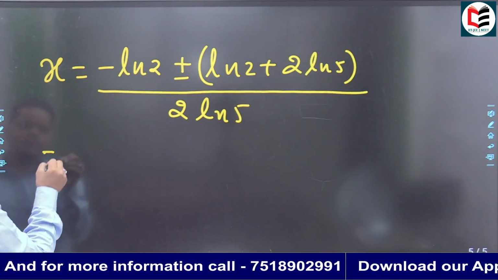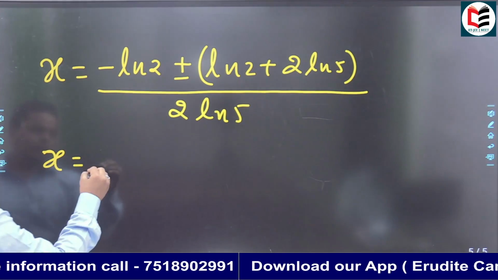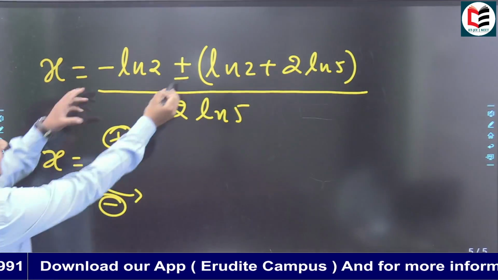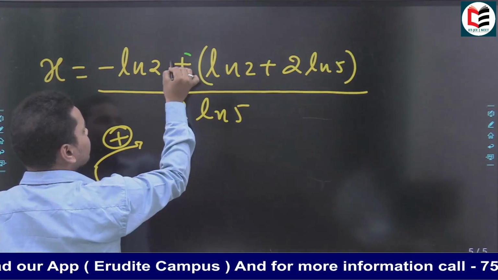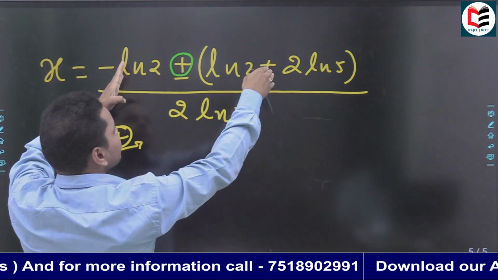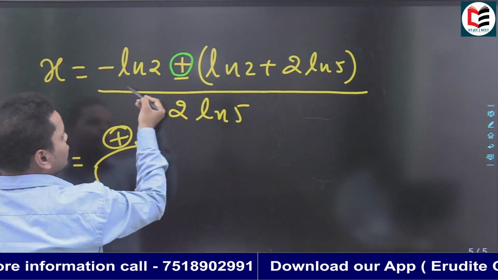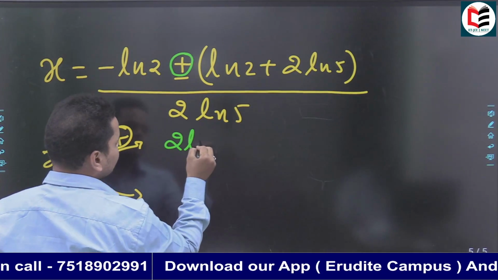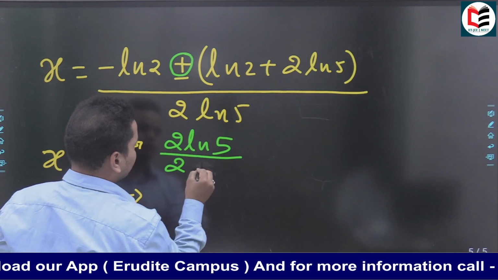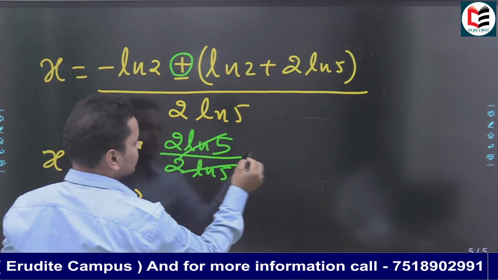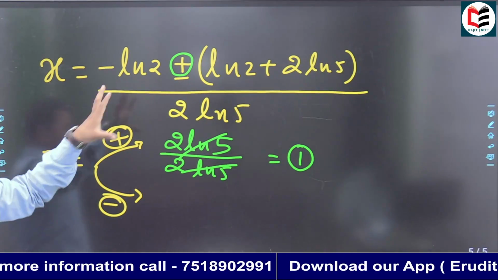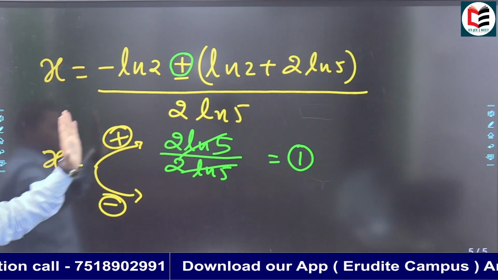If we take the positive value, then −ln 2 + ln 2 + 2 ln 5 — the ln 2 and ln 2 cancel out — and it simplifies to 2 ln 5 upon 2 ln 5, which equals 1. So we have got the first solution of our exponential equation, x = 1.